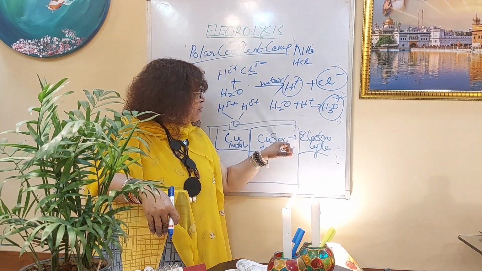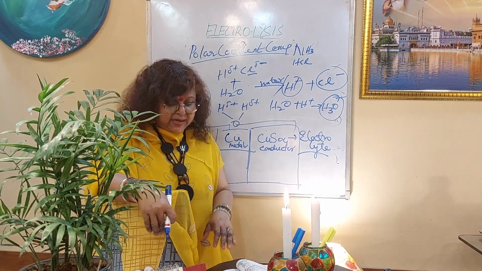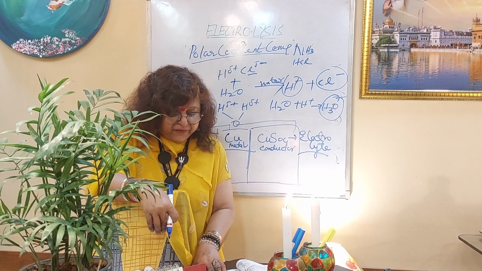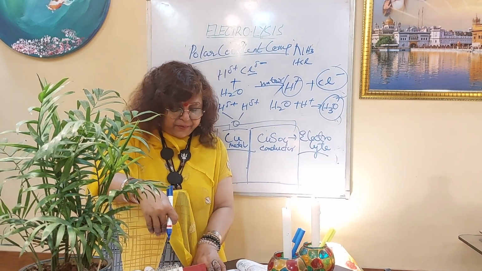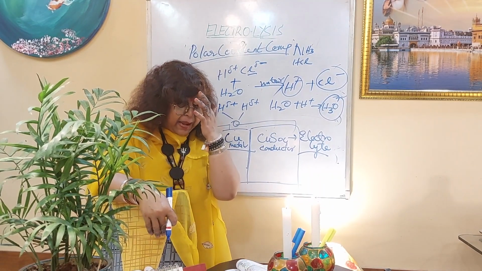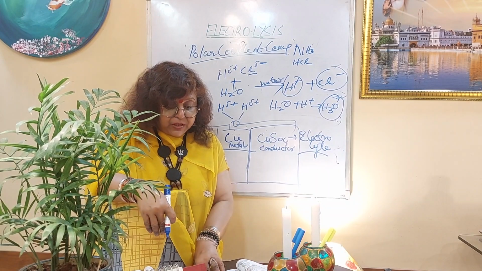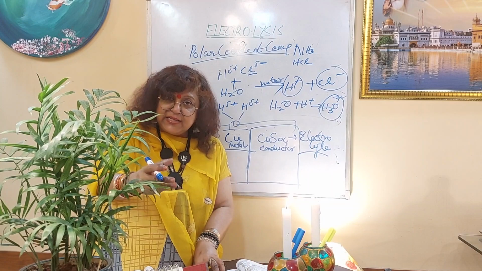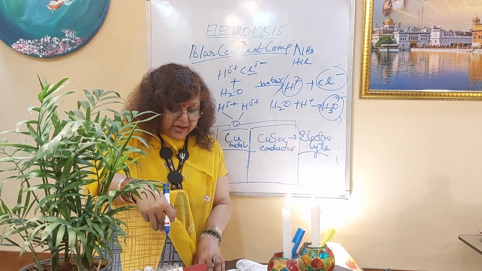And what about copper sulfate? When copper sulfate is taken as an electrolyte, the flow of electricity takes place with the help of ions, copper and sulfate. Then there is decomposition of the electrolytic solution and the chemical properties of the electrolyte are altered.